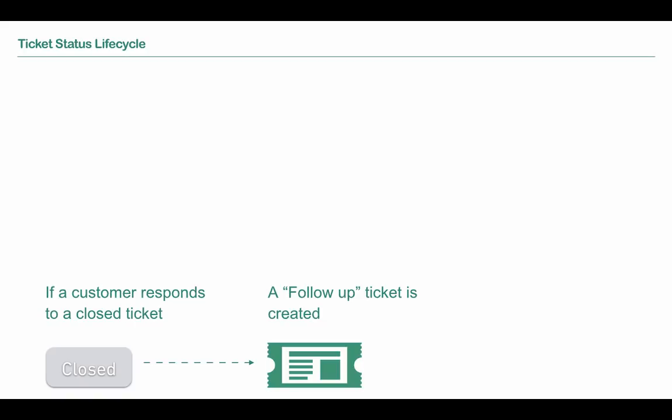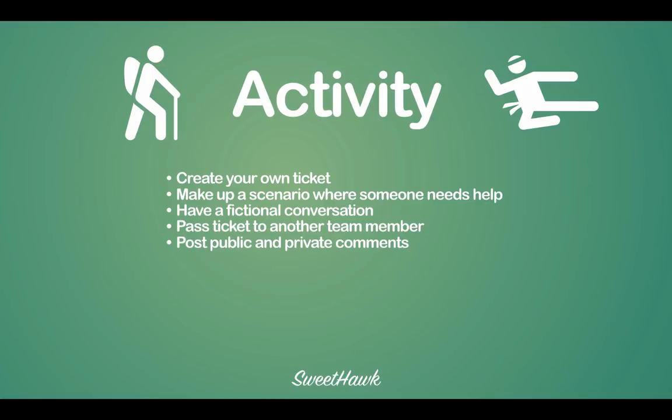On the closed ticket, a link at the top of the ticket will link you through to the follow-up ticket. So you can always follow the conversation thread up and down what could possibly be a chain of closed and follow-up tickets. So yeah, that is the ticket life cycle.